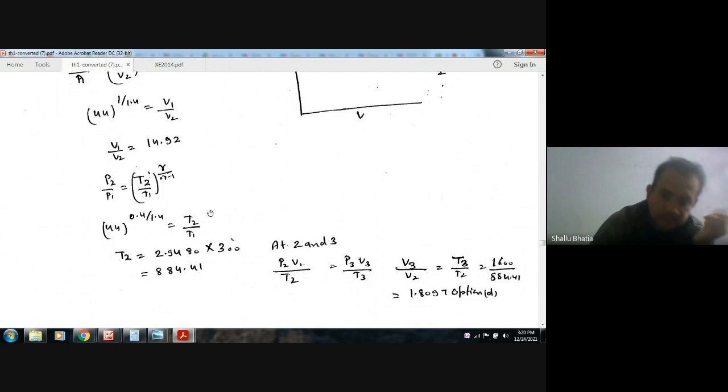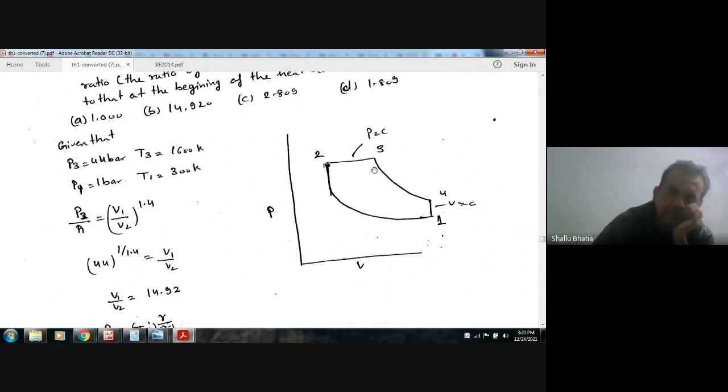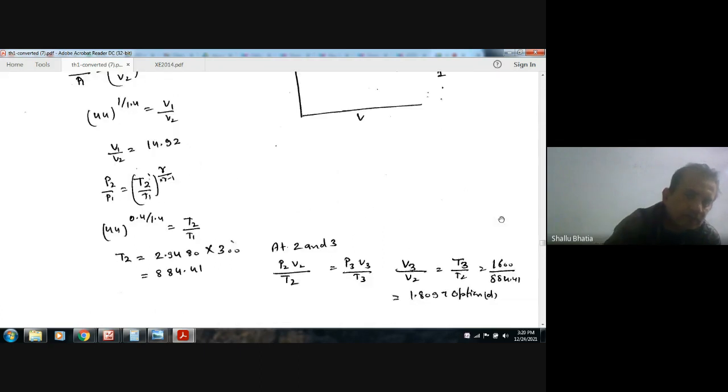Now using points 2 and 3, P2 V2 by T2 is equal to P3 V3 by T3. As pressure is constant, P3 and P2 will cancel out. So V3 by V2 is equal to T3 by T2, and we have P3 as 1600 and P2 as 1884 because we have created it.